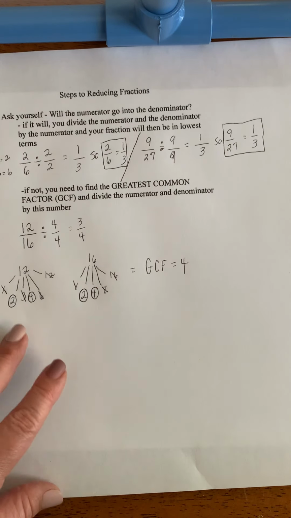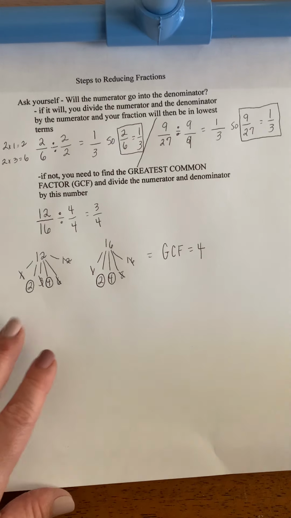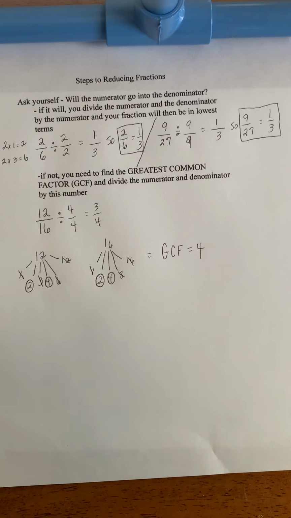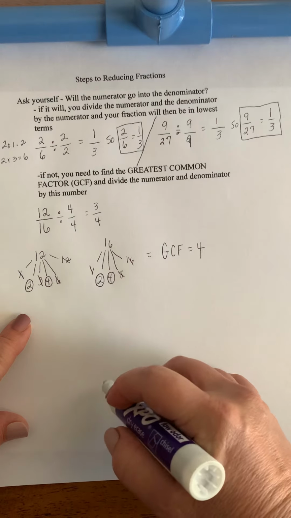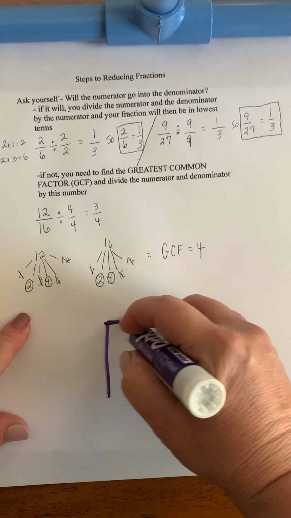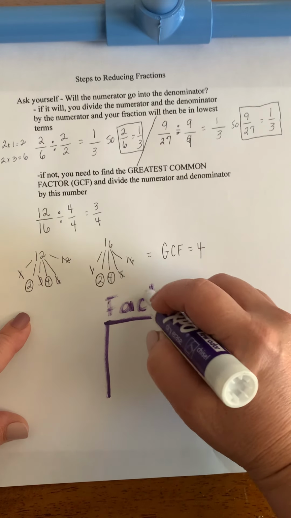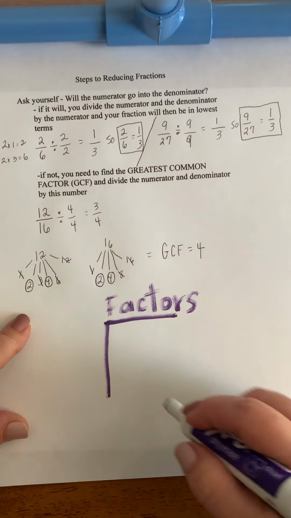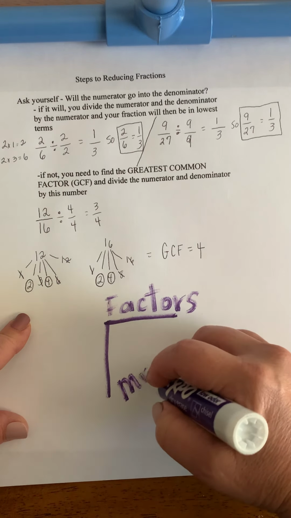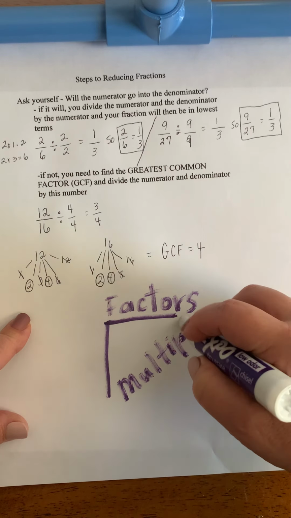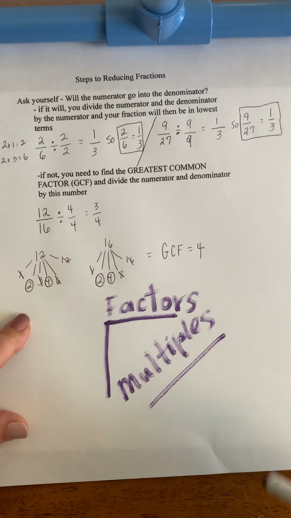Now, if you'll remember when we were doing our greatest common factor, we made factor trees. And I didn't put this down, but if you want to write it down on one of the papers you printed, right here, do you remember that these are the factors? And these right here are your multiples. Do you remember that?